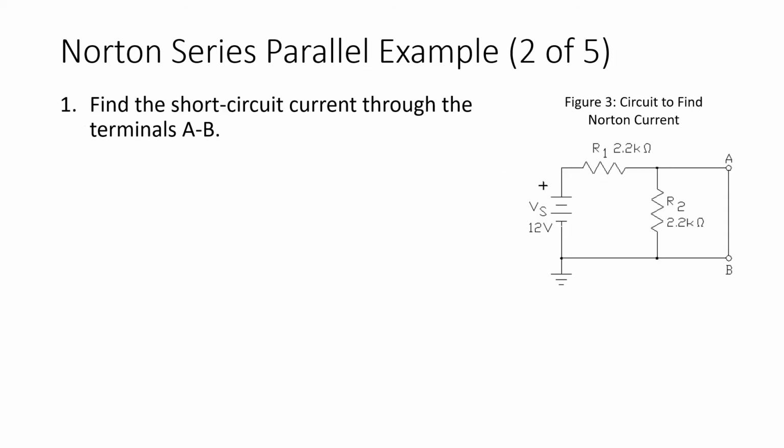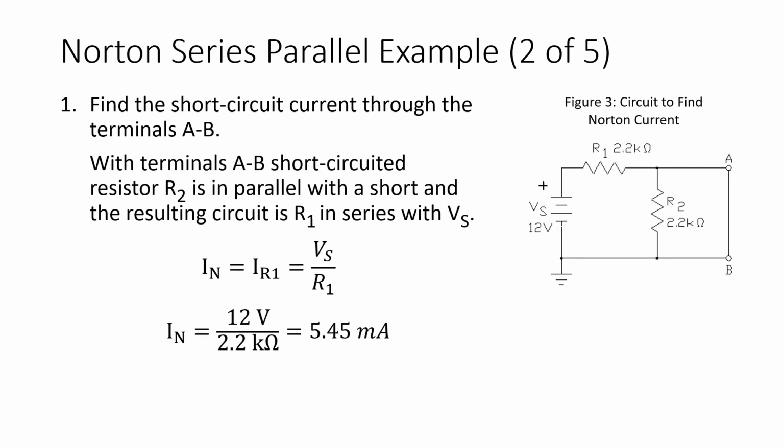Step 1, we find the short circuit current through the terminals A and B. When I place a short from the terminals A and B, resistor R2 is shorted, so no current will flow through R2.